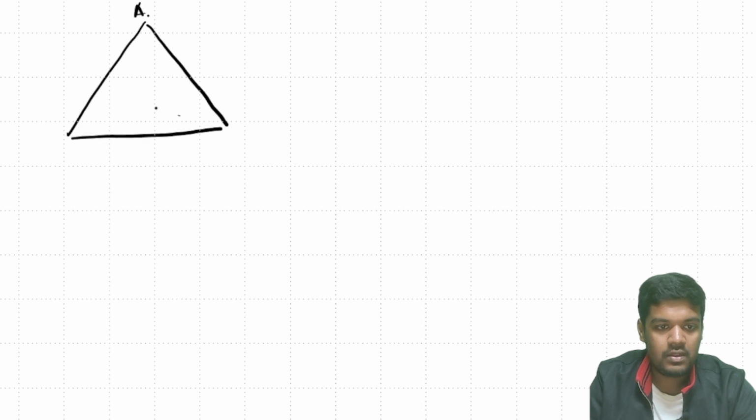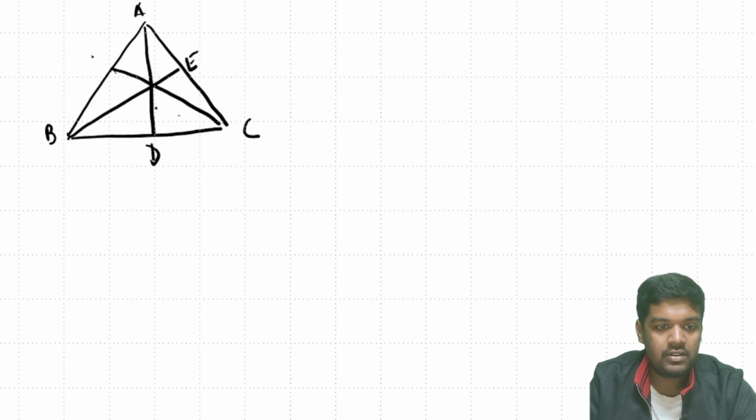Okay. Before moving on to the next topic, I want to share with you some more important terms based on the concepts which we have already done till now. So let's say एक triangle हमारे पास ABC, इसमें आपका AD, BE and CF, these are all my angle bisectors.